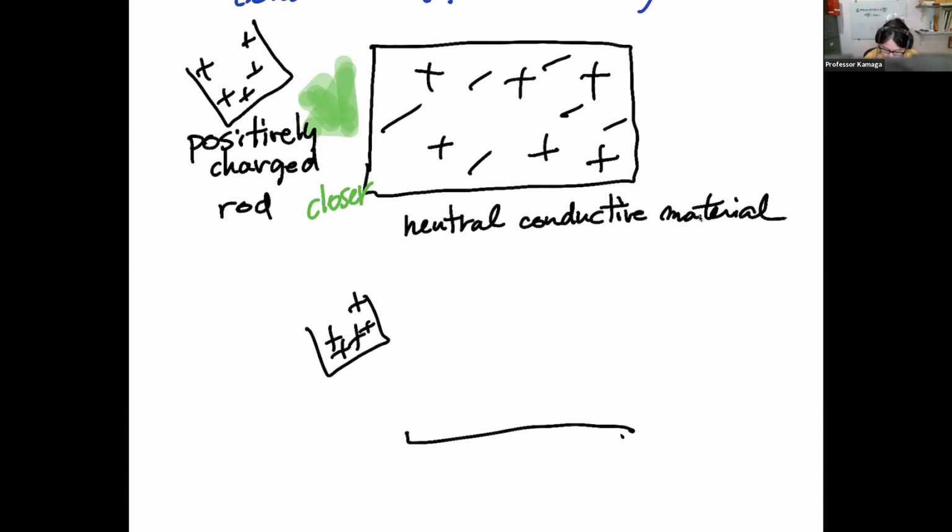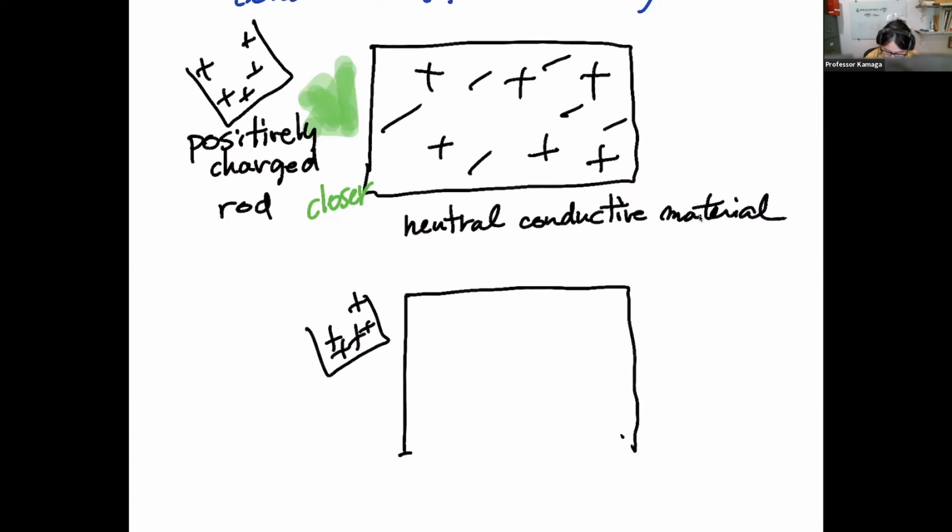Then what happens if I bring it closer? There are free electrons inside this conductor, right? Free electrons means that these electrons are free to move. So when you have a positively charged object coming closer, the negative will be attracted to the positive.